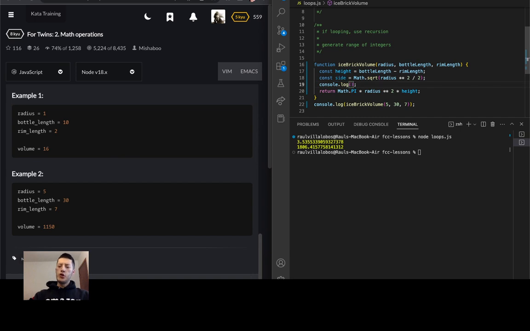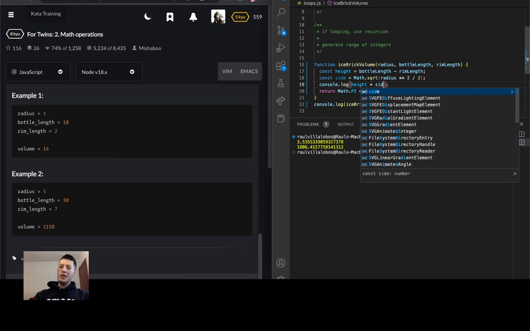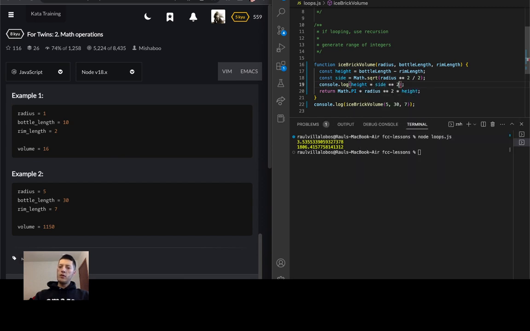Let's do the side, height times side squared. 287.